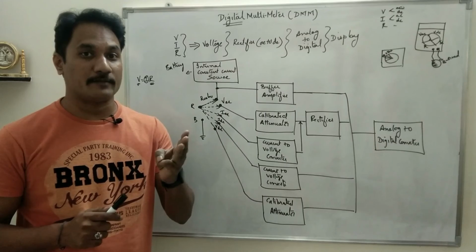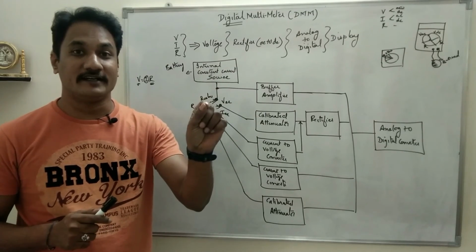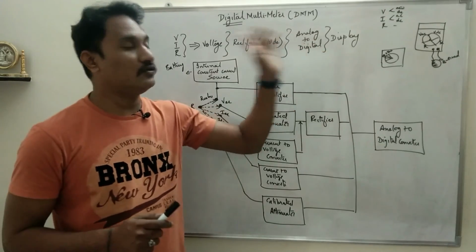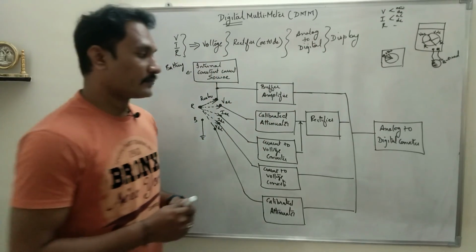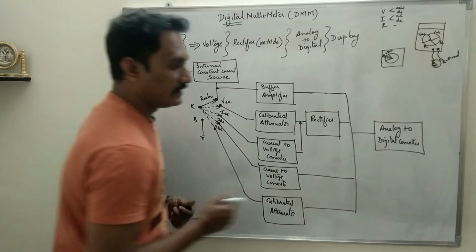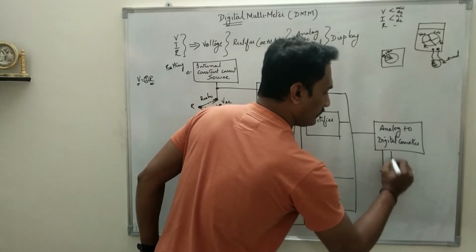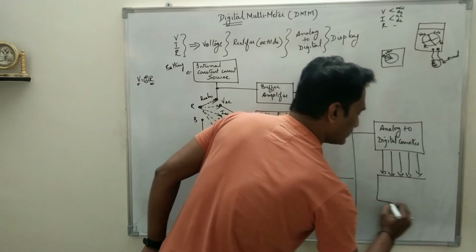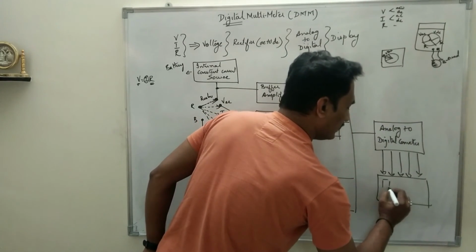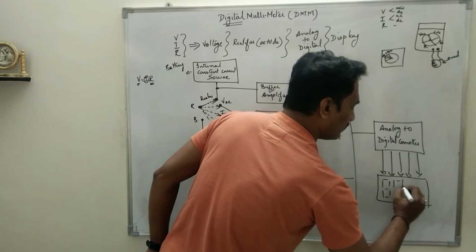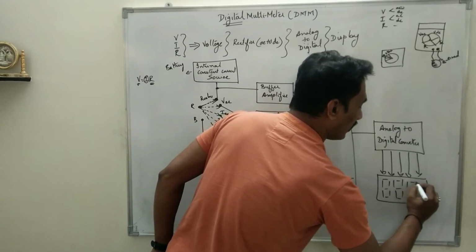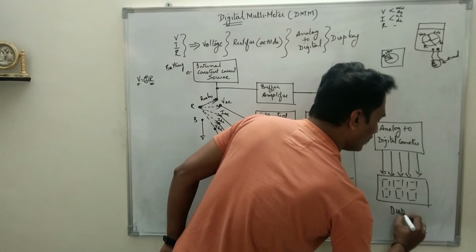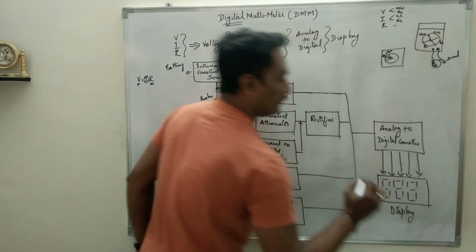In all the 3, a voltage is converted into binary information. So that is what is done by the analog to digital converter. Then the output of this analog to digital converter is given to a display, which will display the value of voltage, current or resistance, whatever you are measuring.